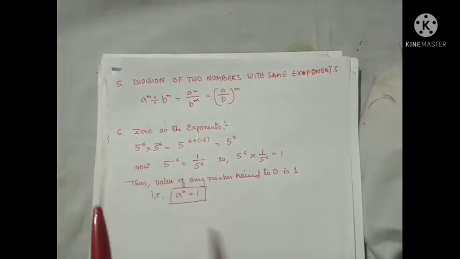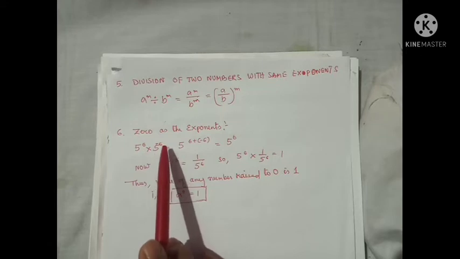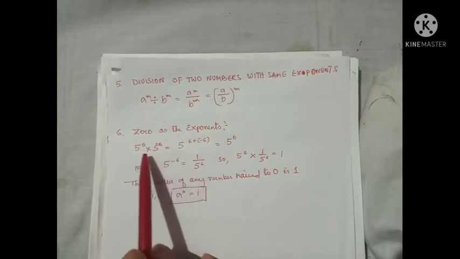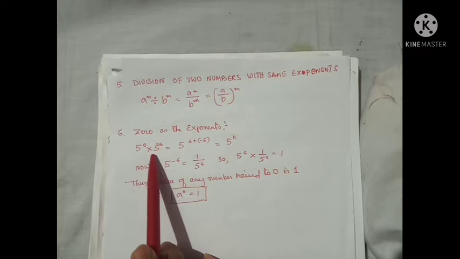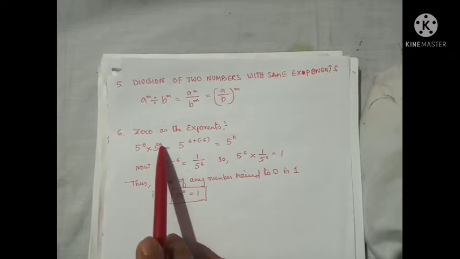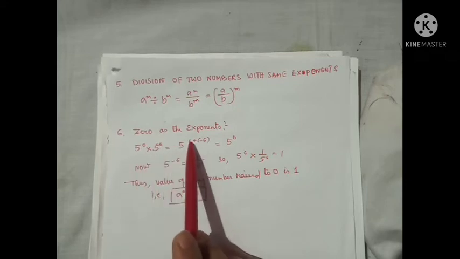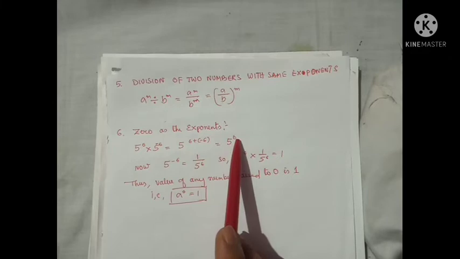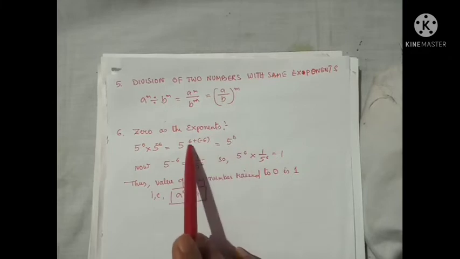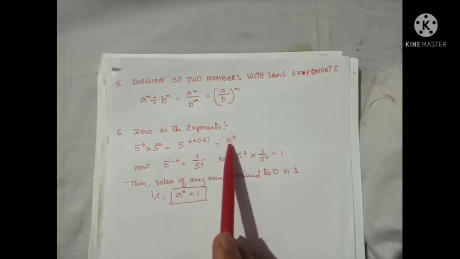And the last one is zero as exponent. How will you find the zero exponent? Let's see. For example, 5 to the power 6 into 5 to the power minus 6 is equal to, so the bases are the same, then we have to add up. So when we add up, then 5 raised to the power 0, because 6 plus minus 6 is equal to 0. So 5 to the power 0.